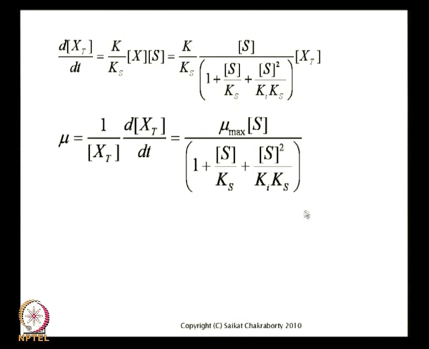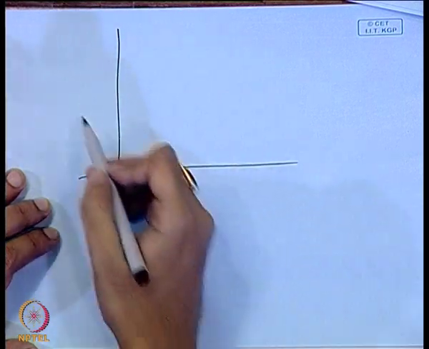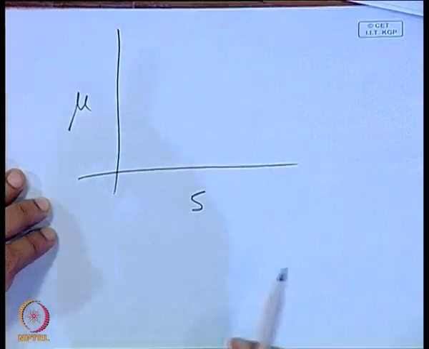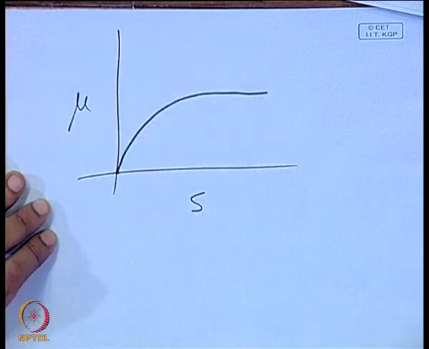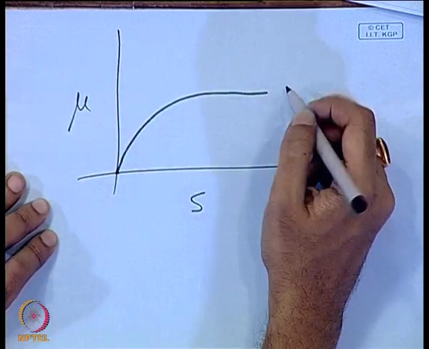How is this mu going to be different from the mu's in the last cases? Graphically, let's think graphically. So mu over s in Monod growth kinetics is going to be something like this, right? So Monod.